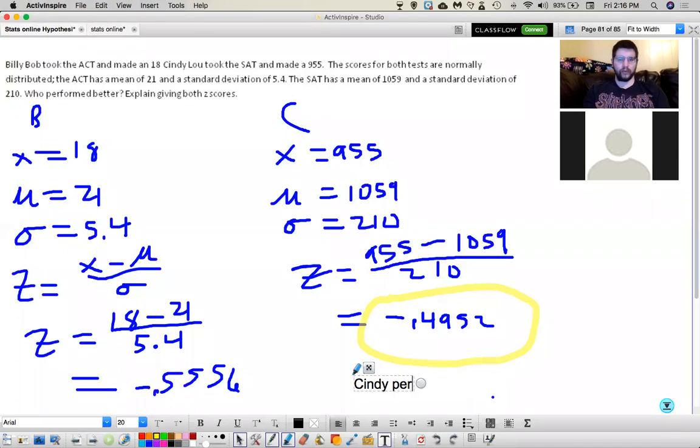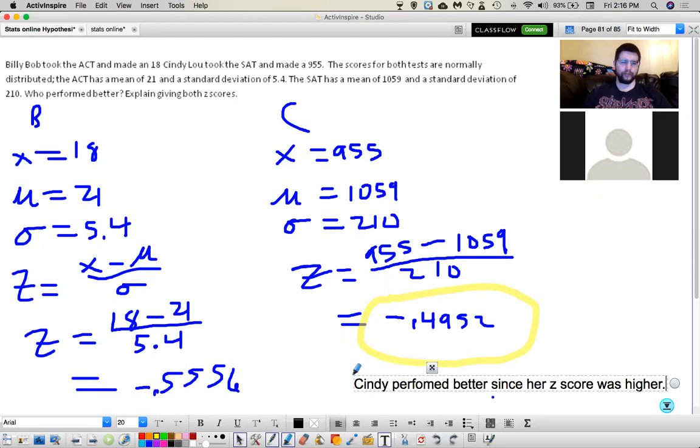Cindy performed better since her z-score was higher. Something simple like that will work for me. And again, you can circle and point and all that good stuff because you're writing it on paper.